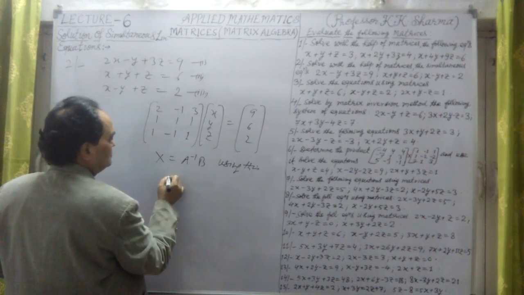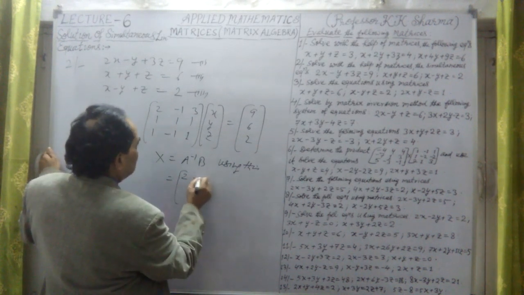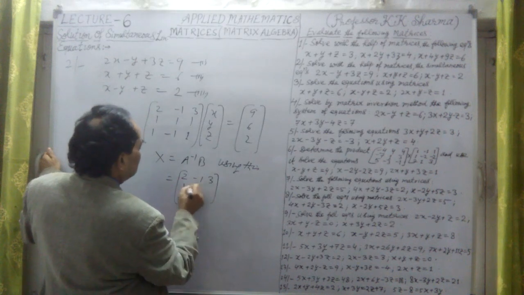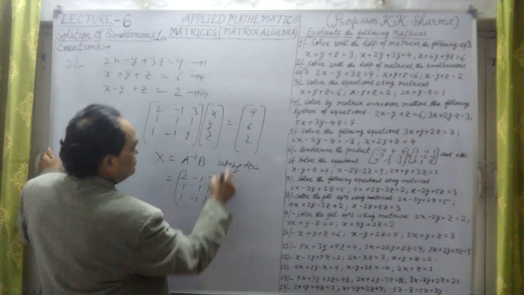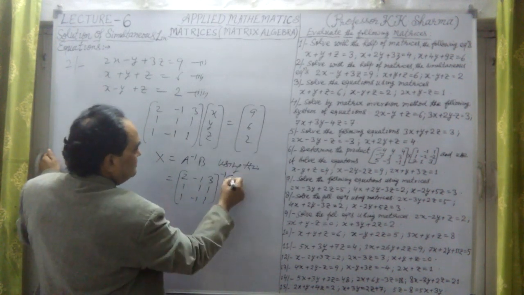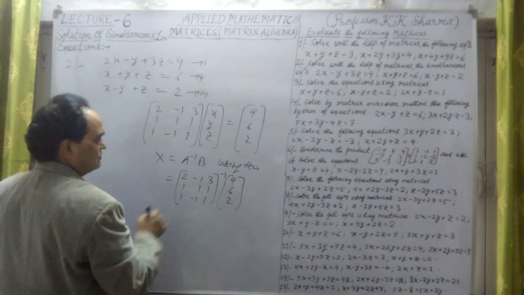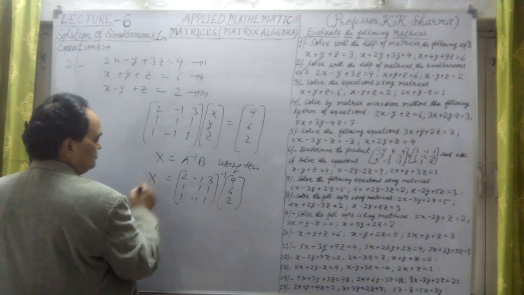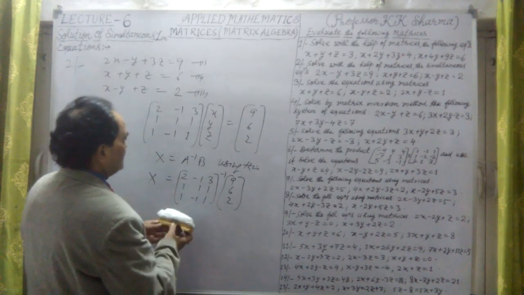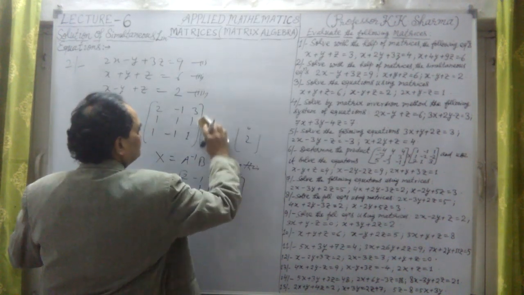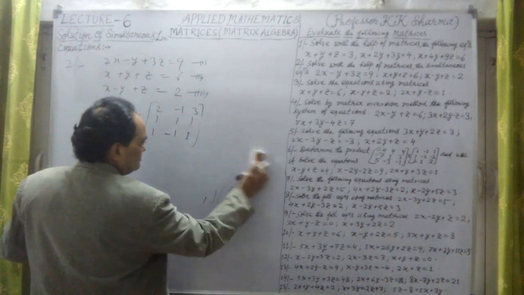A is 2, minus 1, 3; 1, 1, 1; 1, minus 1, 1. Its inverse into B, which is 9, 6, and 2, we have to calculate. It will be the value of X then. Let me take the inverse of this one. So first of all, let me solve A.